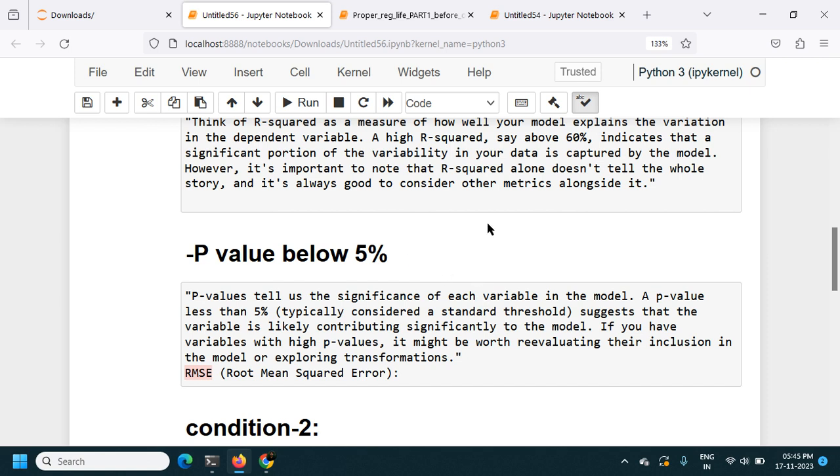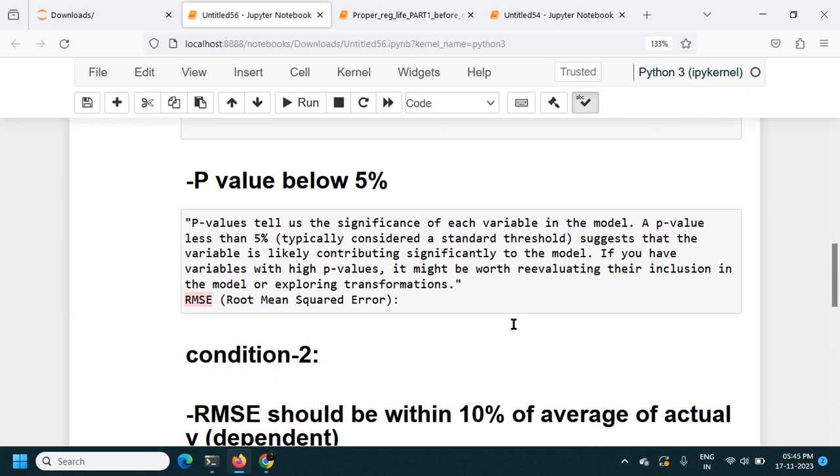If we have 10 x variables, we delete the one with the highest p-value, fit the model again, check the p-values, remove the highest, and build the model again, until all the p-values become less than 5%.